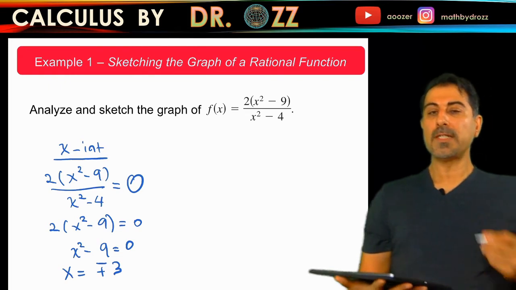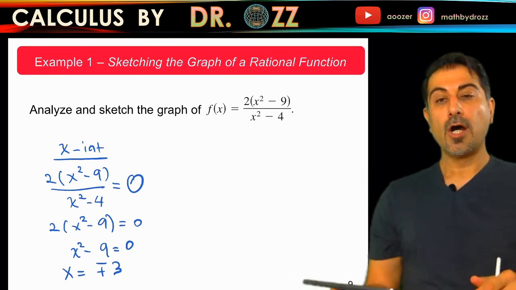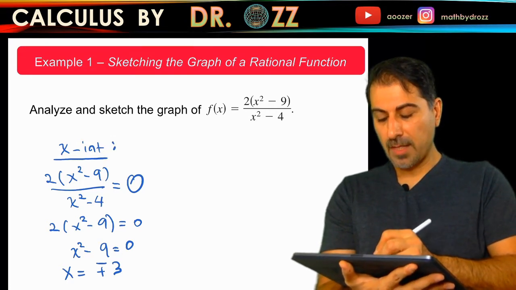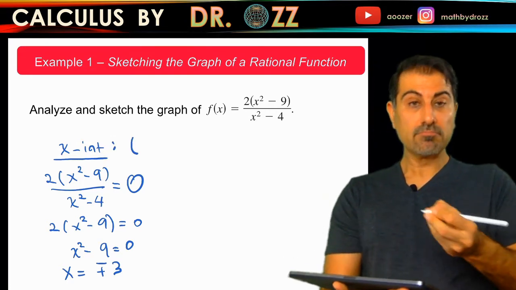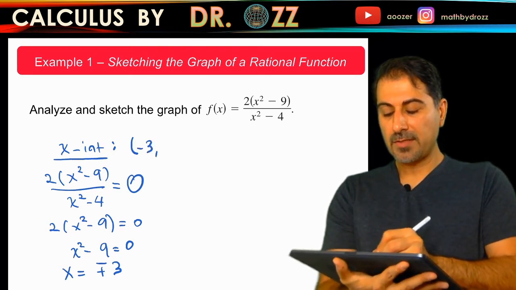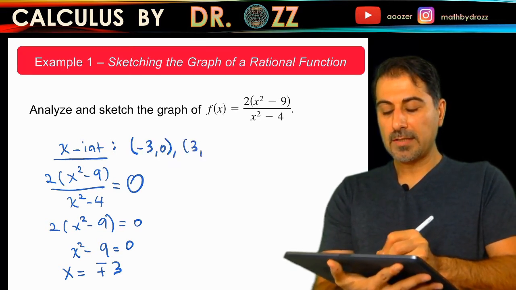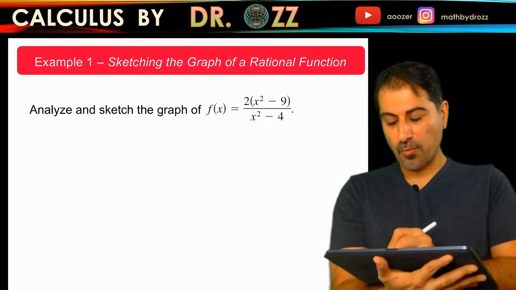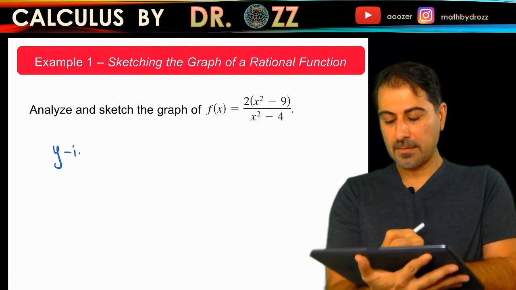When you're asked, by the way, for the x and y intercepts, you should show them in point notation. So essentially, y is 0 for those x's. One is (negative 3, 0), and the other one is (3, 0). Now let's check the y-intercepts.